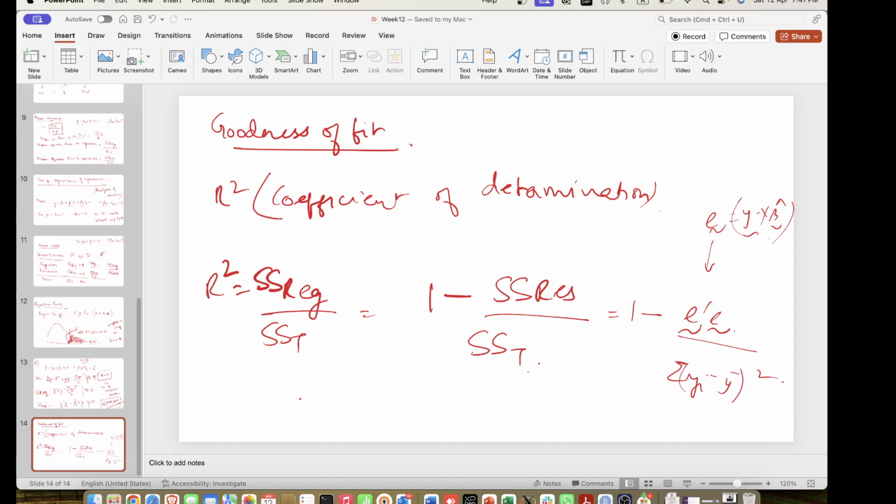Now we should note that 0 is less than or equal to R square, which is less than or equal to 1, and the closer to 1 we get, the better we say we have fit our model to these observations.